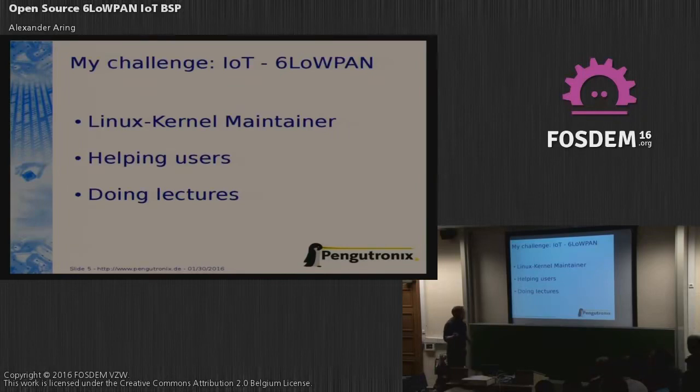On the mailing list, I'm helping a lot of users, and the users ask many times how to use the 6LoWPAN stack on Linux, how to do the kernel stuff and cross compiling if you run it on a Raspberry Pi, and all other stuff.